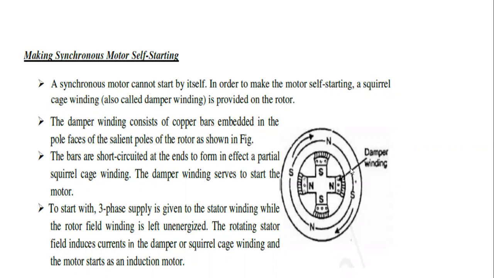The bars are short circuited at the two ends to form, in effect, a squirrel cage winding. This damper winding serves to start the motor.